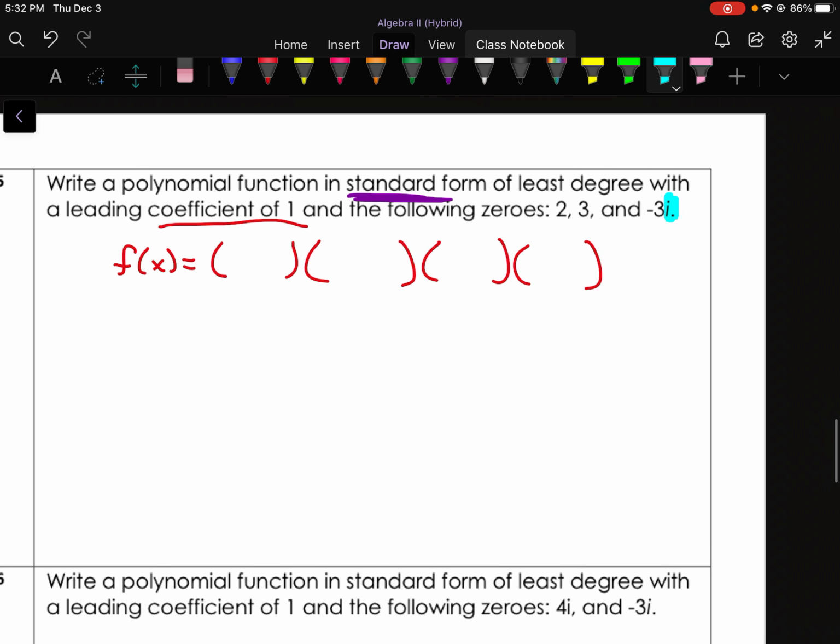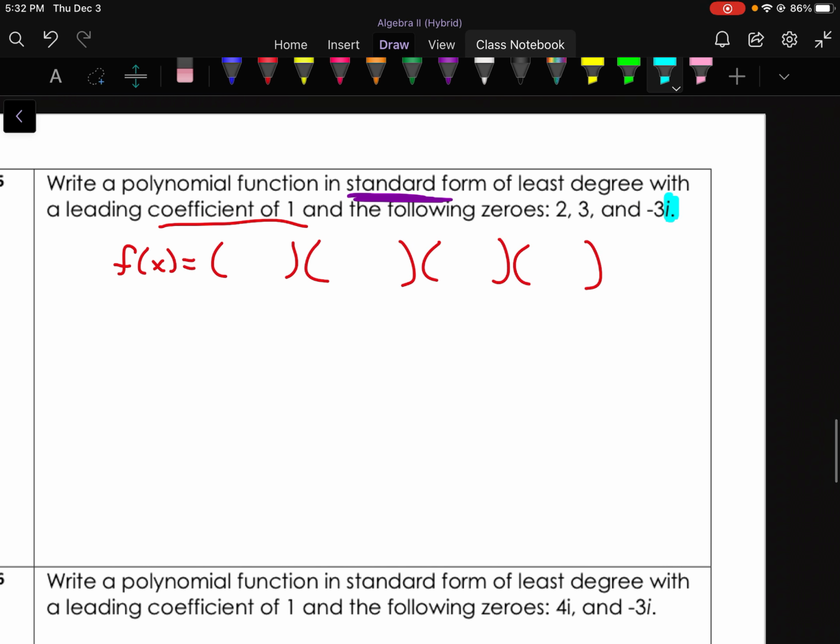So, writing these factors out, we had x minus 2, x minus 3, x plus 3i, and x minus 3i.